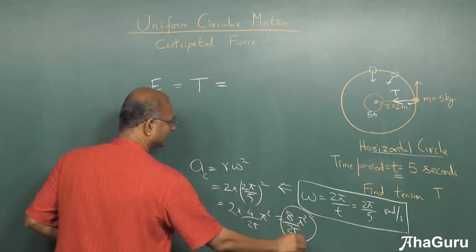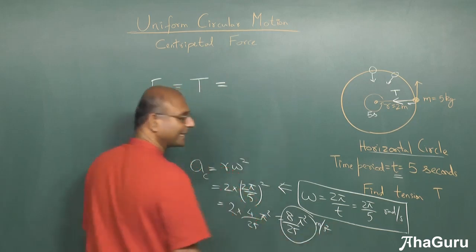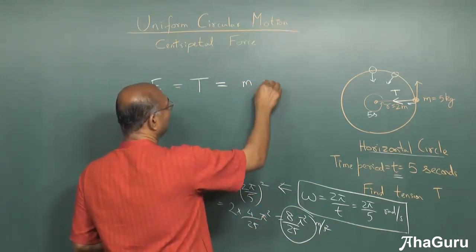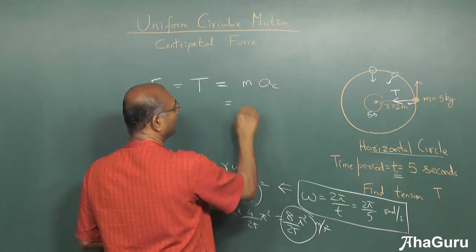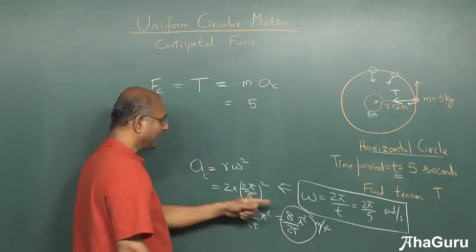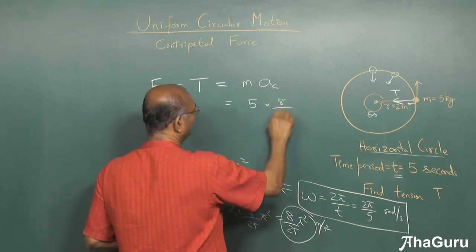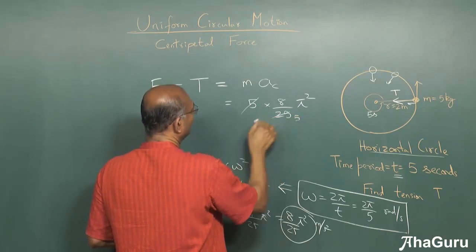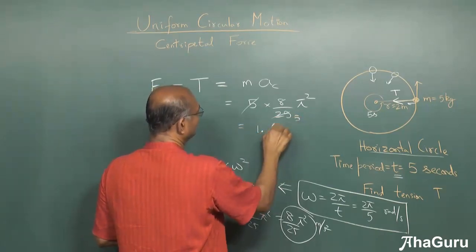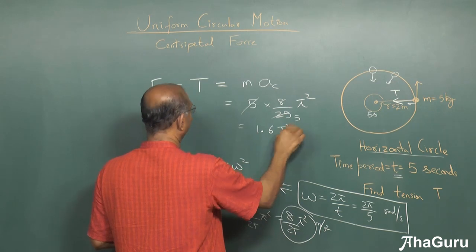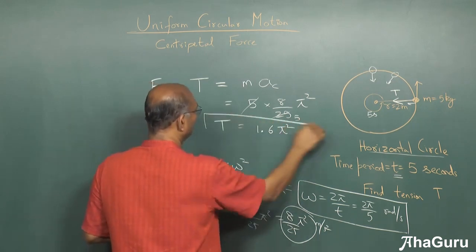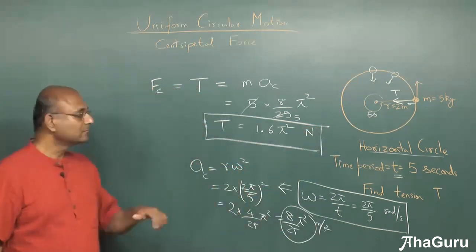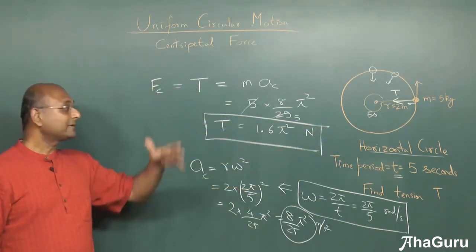This is the acceleration in meters per second square, and so the tension must be mass into acceleration. What is the mass? 5 kg. Acceleration 8 by 25 pi square, and if I cancel that out, 8 by 5 is 1.6 pi square. So the tension value is 1.6 pi square newtons.